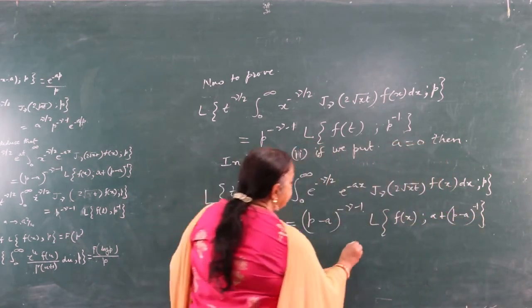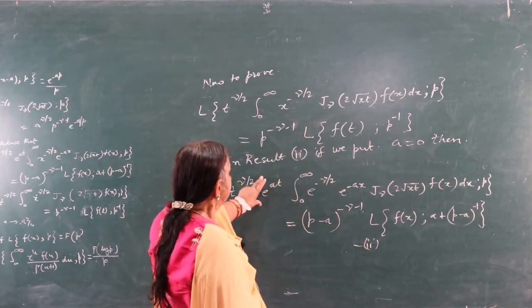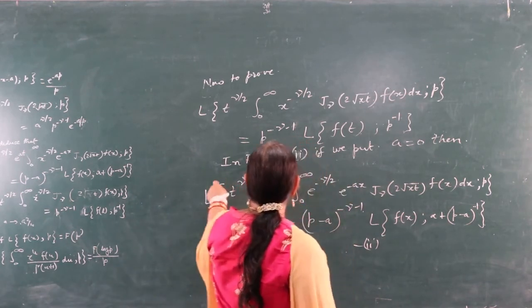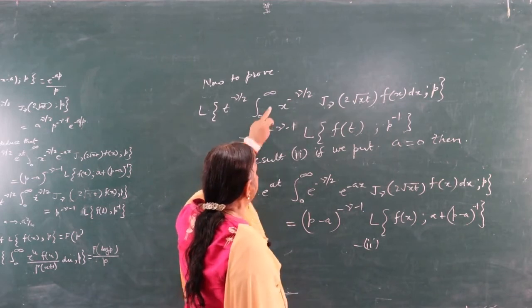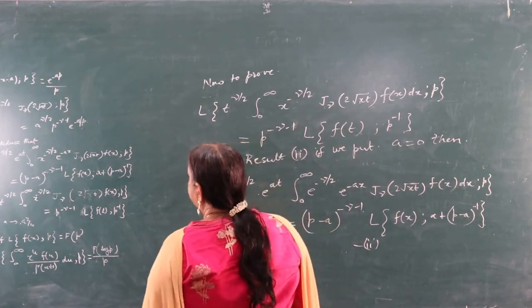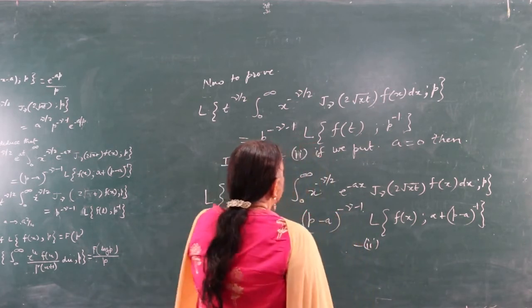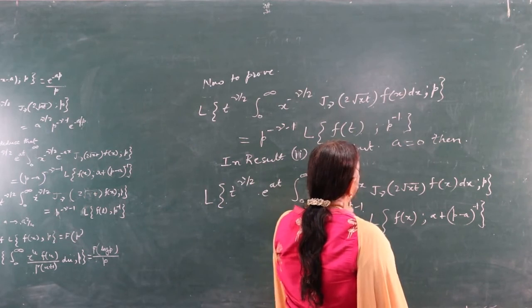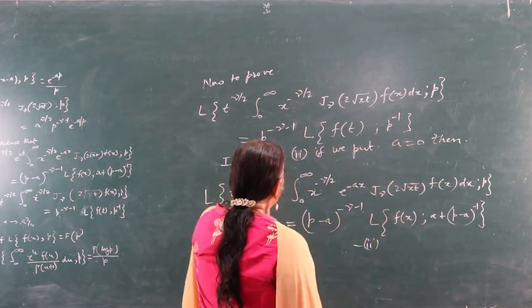This was the result second. So here if a is equal to 0, this will be equal to 1 and this will also be equal to 1. So it will be t raised to power nu by 2 integral 0 to infinity e raised to power 0, means e raised to 0 means 1, and again this was equal to p minus a.